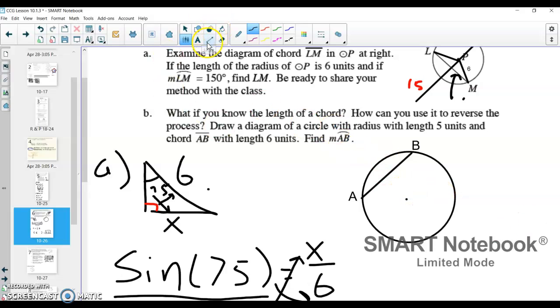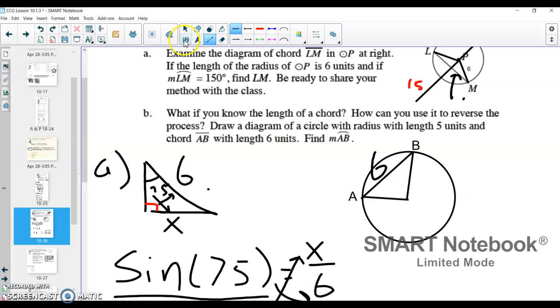We know that AB has a length of 6, and we know that there is a radius length here. I would rather use a straight line here. We know it has a radius length of, and I'm going to draw the other one right away.